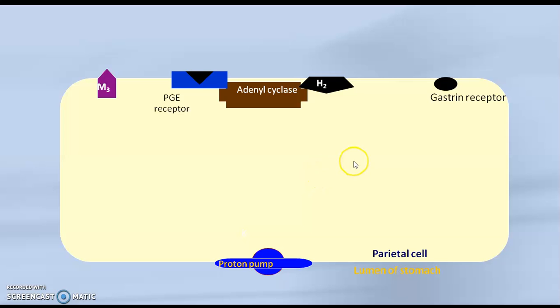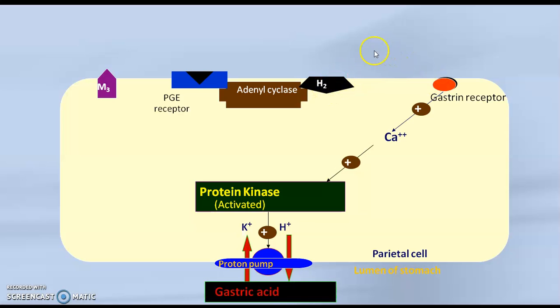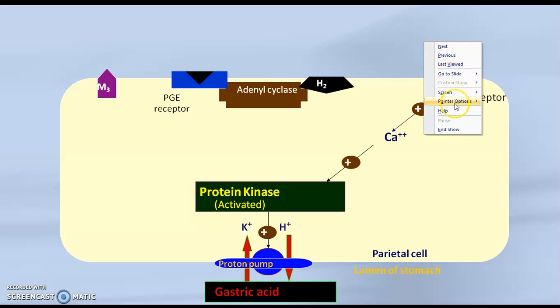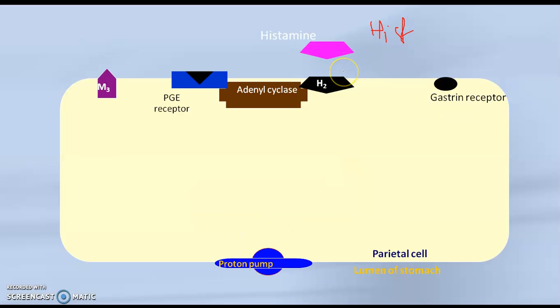So I would like to remind you how the blockage of H2 receptor is beneficial for us. You have seen that histamine is released from the enterochromaffin cell. I discussed in the last lecture that this histamine binds with H2 receptor, and binding with H2 receptor activates adenyl cyclase that converts ATP into cyclic AMP.